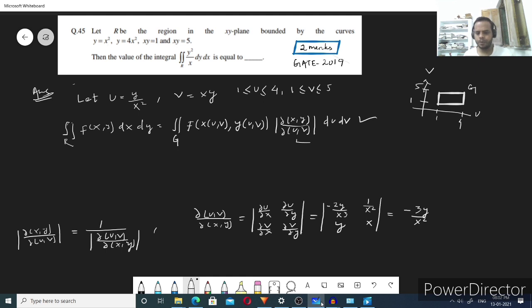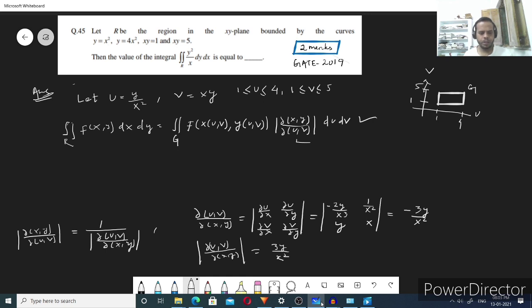You can easily evaluate these, but we have to find the modulus. The modulus of del(u, v) by del(x, y) is 3y by x square.